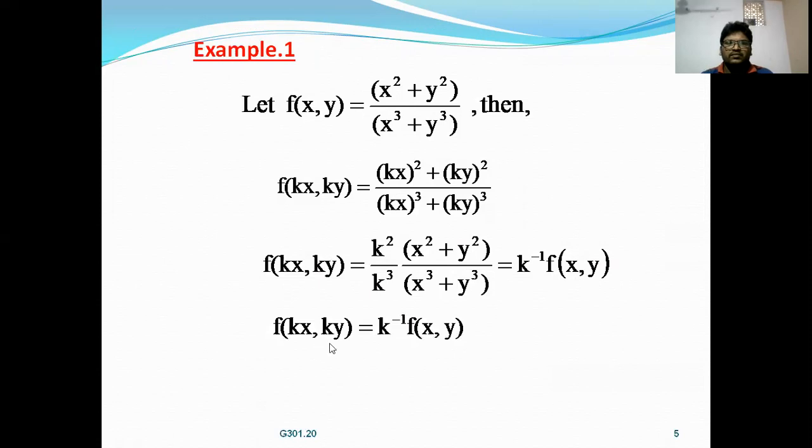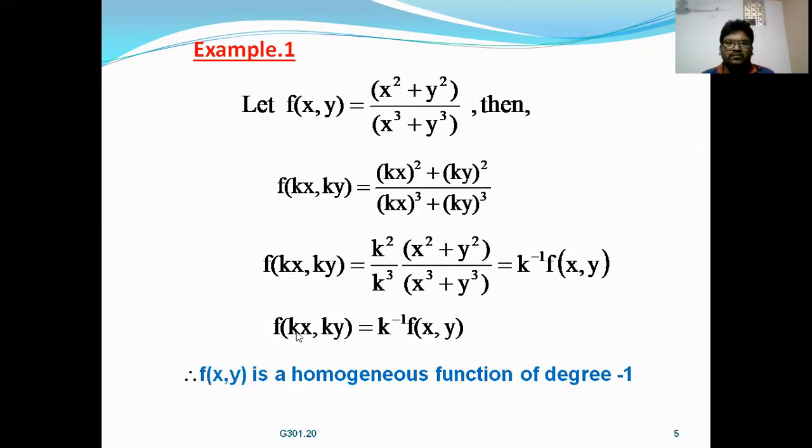This is the homogeneous form. So the function f of x comma y is a homogeneous function of degree minus 1. I will explain once again. Let f of x comma y is equal to x square plus y square by x cube plus y cube, the given function. We have to show this is a homogeneous function.